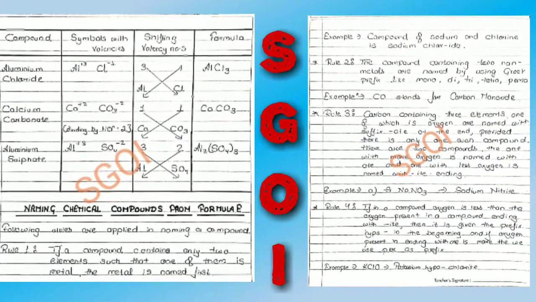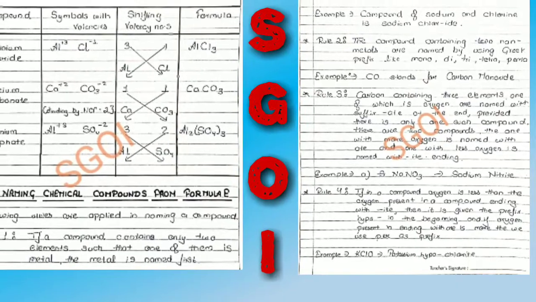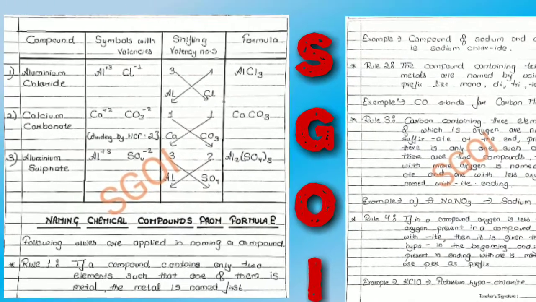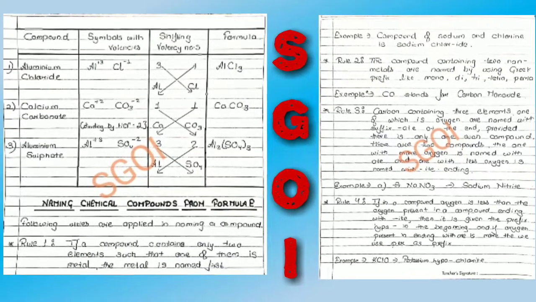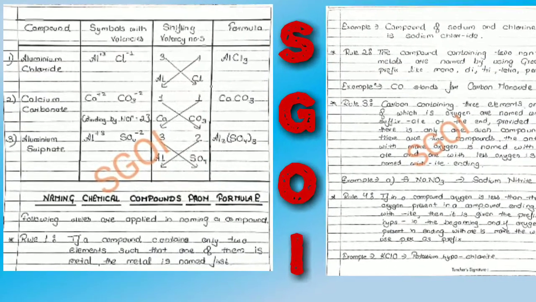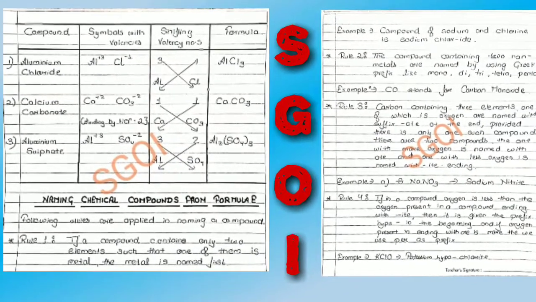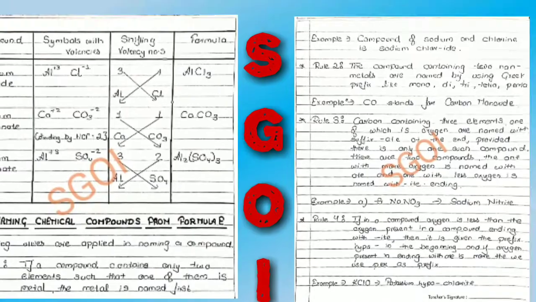It means if there are two compounds, one containing a higher number of oxygen atoms and the other a lesser number, the one with the higher number is named ate and the one with the lesser number is named ite. Okay.